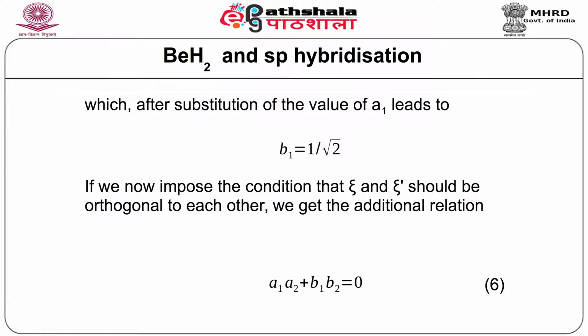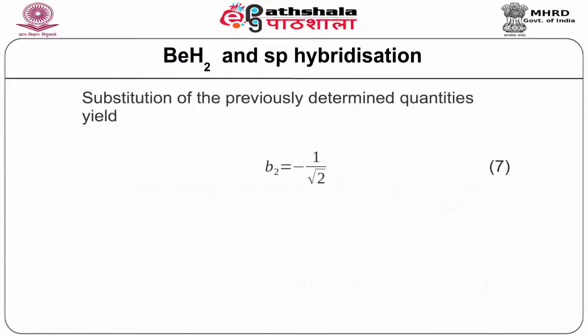If we now impose the condition that xi and xi prime should be orthogonal to each other, we get an additional relation, that is A1 A2 plus B1 B2 equal to 0. If we now substitute the previously determined quantities, then that will give us B2 equals minus 1 by root 2.